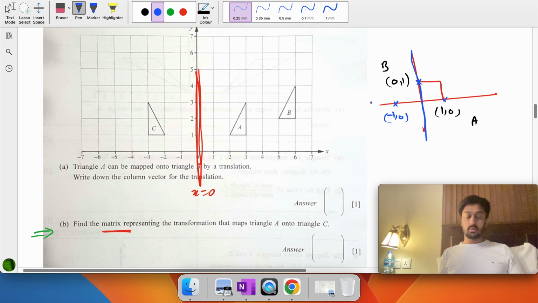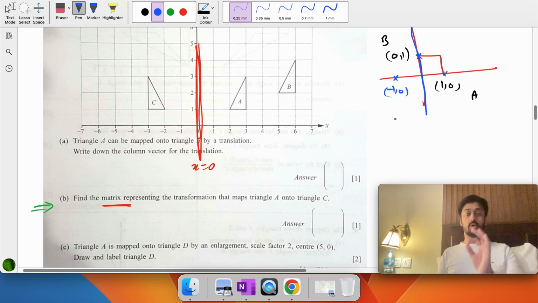B stays there, known as the invariant line. So when A jumps over here, what happened to the coordinate which was on the x-axis, always write that first. It became minus 1, 0. What happened to B? It never changed. That is 0, 1. So the matrix representing the transformation, which is a reflection in the y-axis, is this.